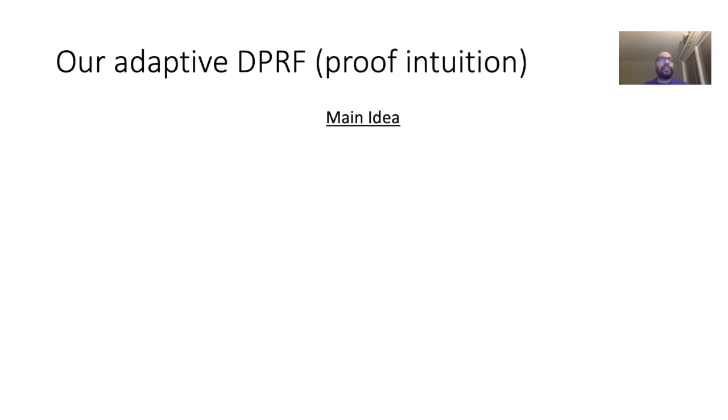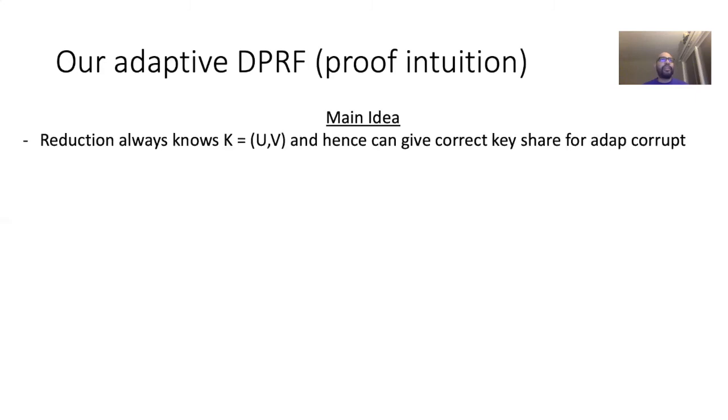Now let me briefly talk about the main idea of the proof. The main idea is that the reduction always knows the entire key U and V, and hence it can give correct key shares for adaptive corruptions. It's simple to imagine that if the reduction always has the key, then it becomes basically trivial to simulate. Earlier we saw the reduction does not know the entire key because it uses the DDH exponent as its key.